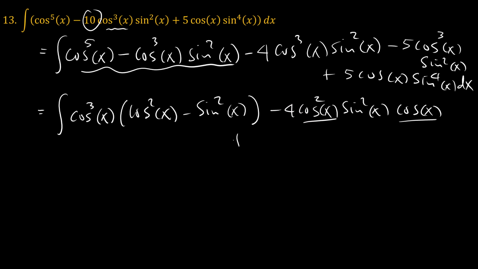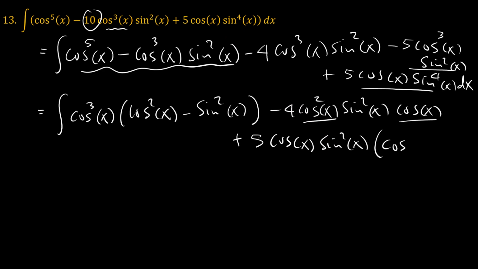And then, combining this and that, I can pull out 5, and we have cosine of x sine squared of x, and so inside the bracket I have negative cosine squared of x plus sine squared of x.